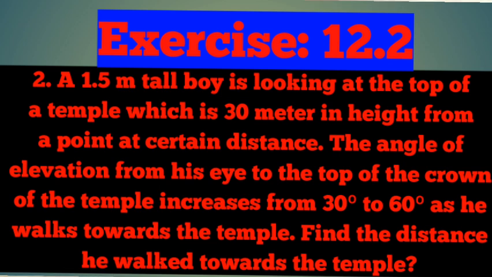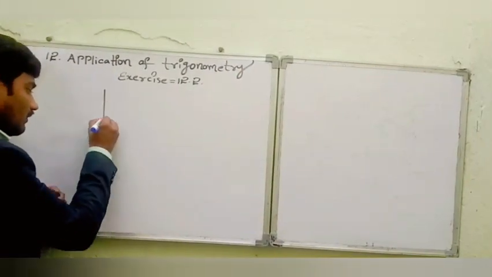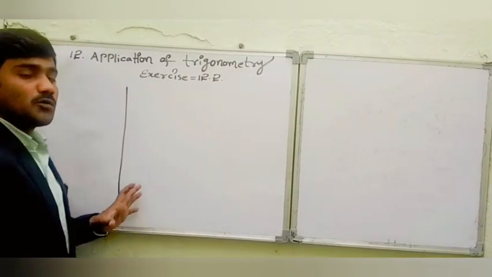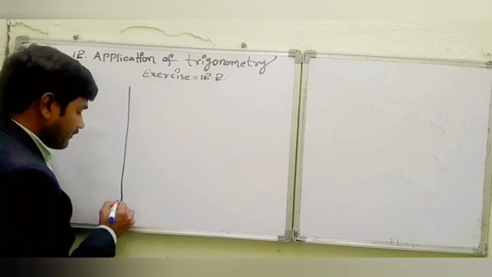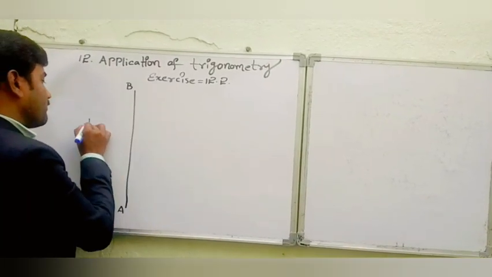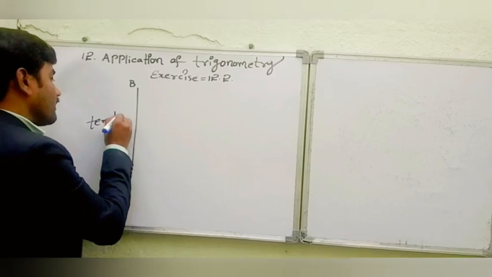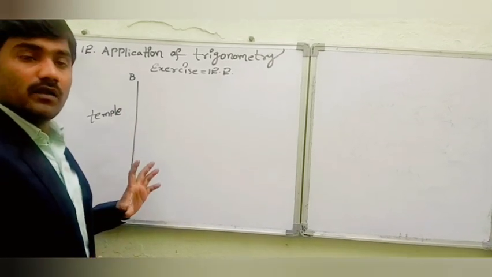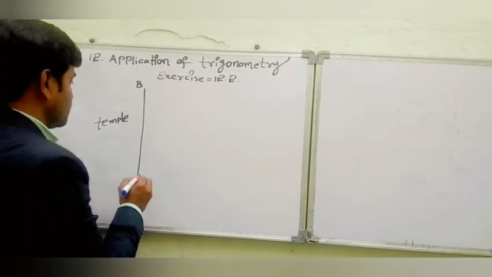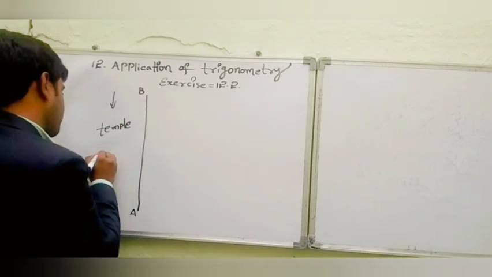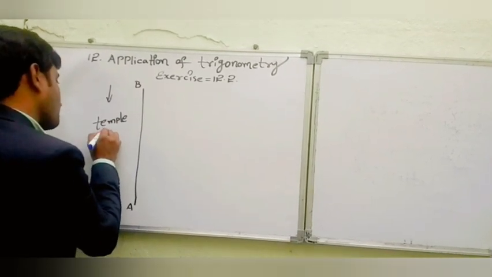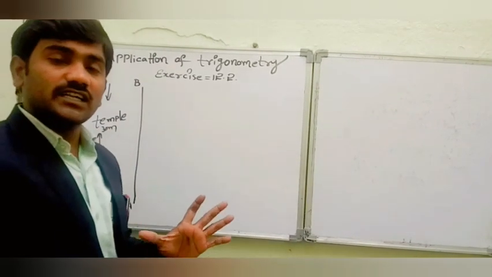Okay, let me draw the diagram so that you can understand. Suppose here AB is a temple of height 30 meters. The complete height is 30 meters.